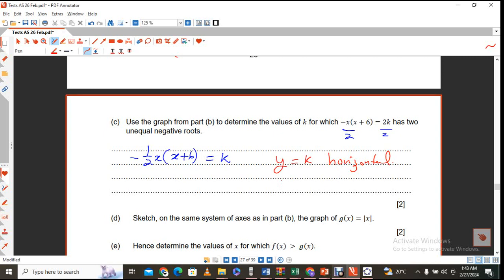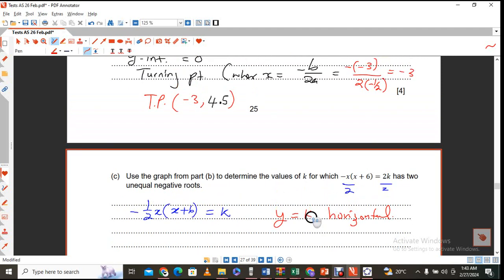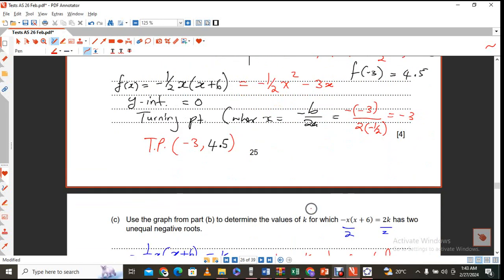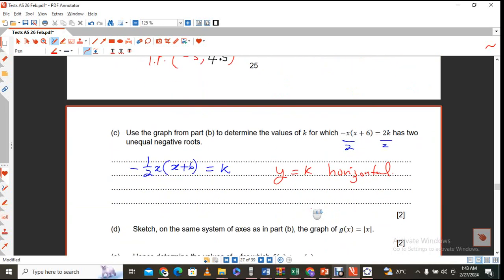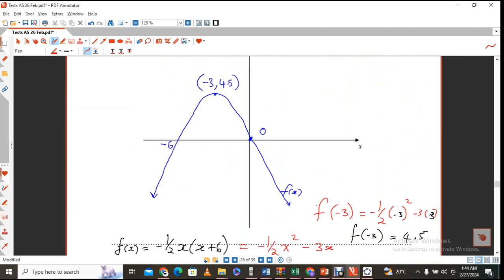Now, what it says is where can we draw in order for us to find that range, the values of k. So which values would they be such that the roots are unequal negative roots? So if I were to draw a horizontal line, let's suppose I was to draw the horizontal line over here, then you will see that one of these roots will be positive and one of these roots will be negative.